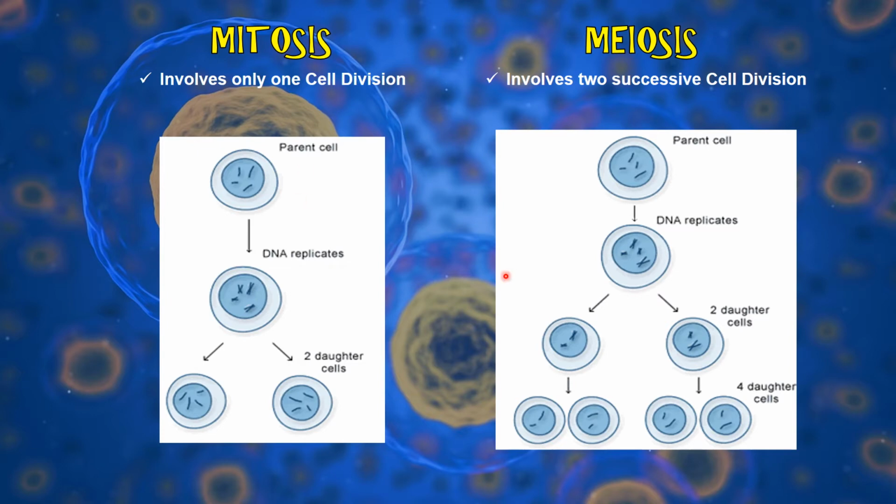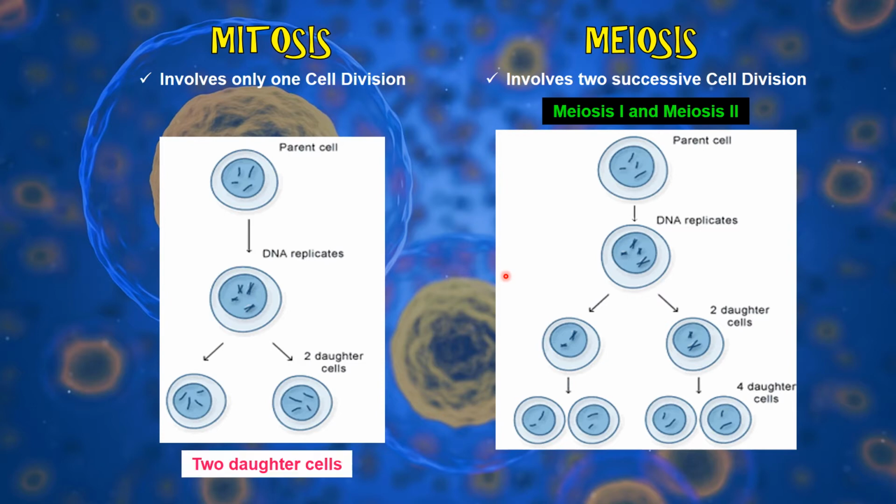And this results in meiosis having two phases, namely meiosis 1 and meiosis 2. The second difference is that mitosis produces two daughter cells, while meiosis produces four daughter cells.